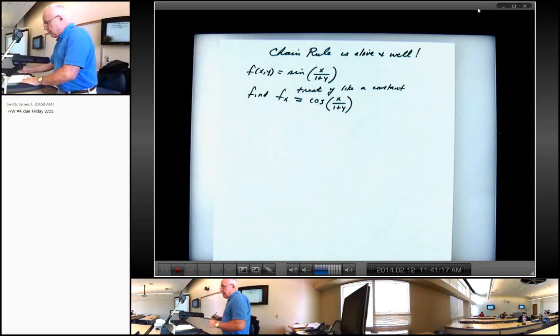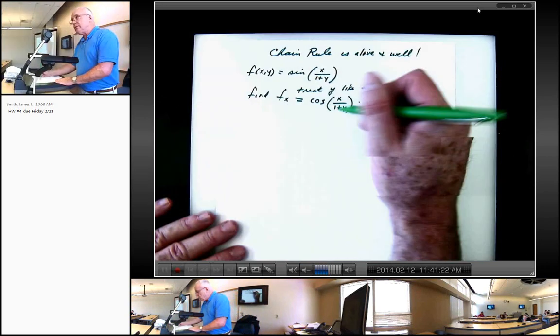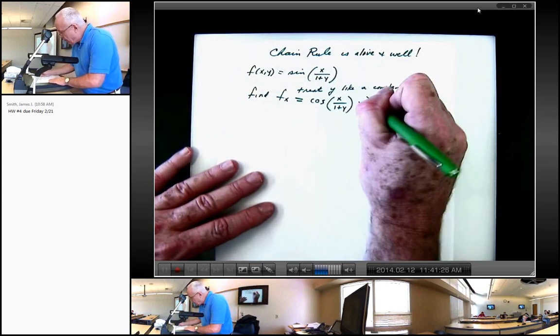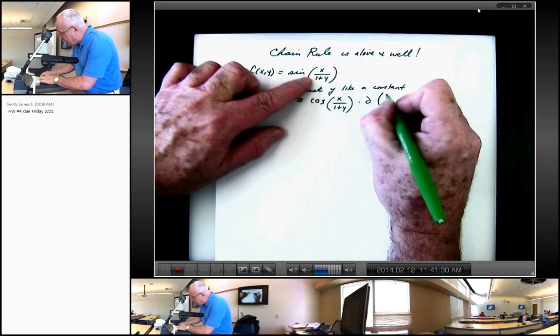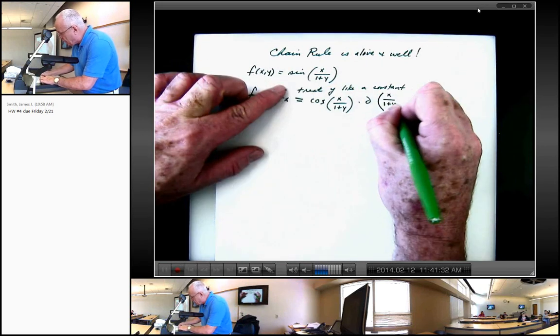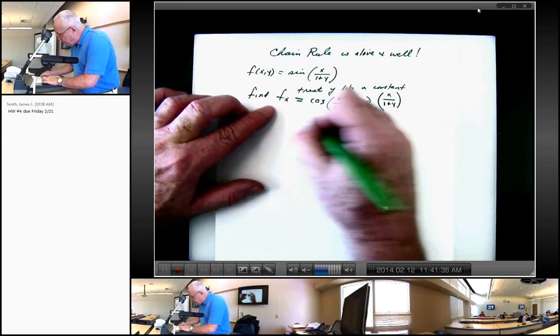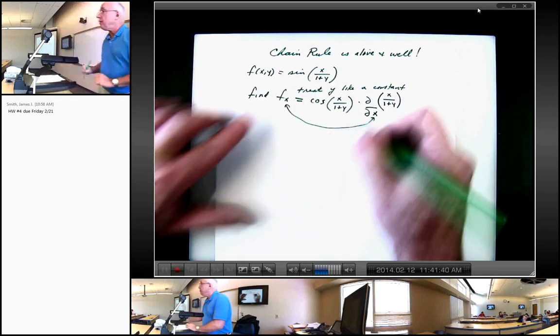And then, of course, times what is inside. Let me use this other notation. What's inside is x over 1 plus y, and we have to do its partial derivative with respect to x. All right? Chain rule.